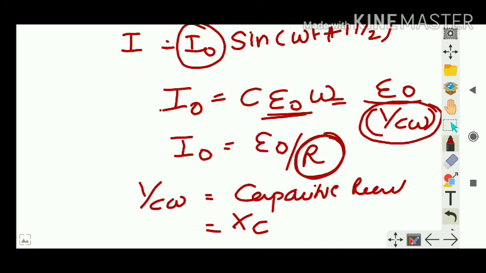So this capacitive reactance XC depends upon the capacitor's value of C as well as omega, that is angular velocity. Clear? Now similarly, as in the previous case of the inductor, here also I have to draw the graphical representation. Right, that is where we are going to. So all the topics have the same format, guys.